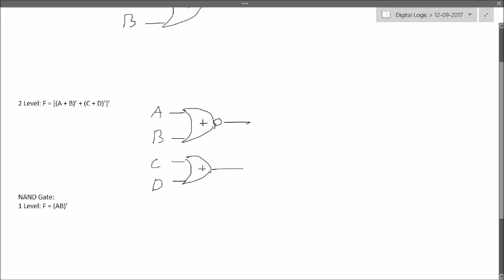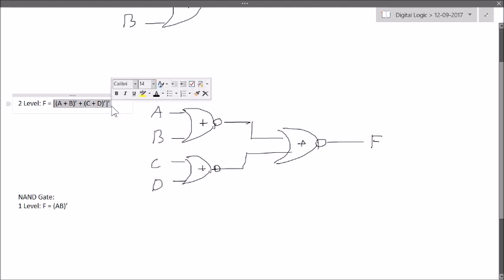And followed by the outer NOR gate. It's pretty simple. It might take a few tries to identify this, but it should be really easy afterwards.